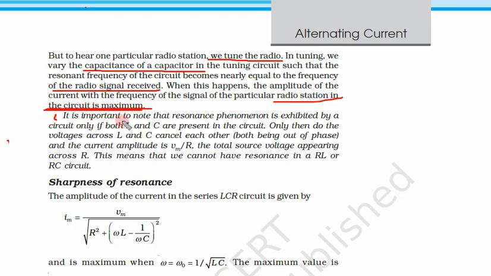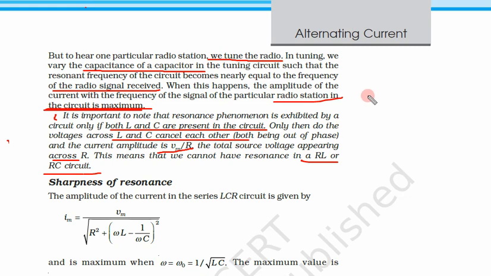It is important to note that the resonance phenomenon is exhibited by a circuit only if both L and C are present in the circuit. Only then do the voltages across L and C cancel each other. So we need both L and C, and the current amplitude is Vm by R, the total source voltage appearing across R. This means we cannot have resonance in an LC or RC circuit.